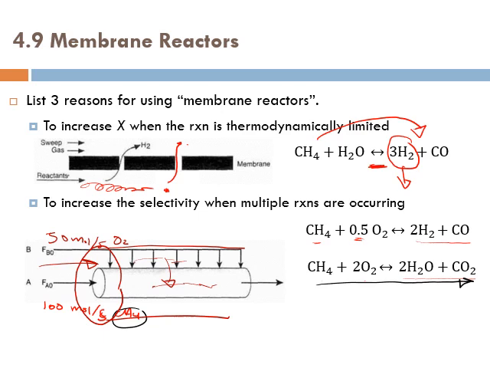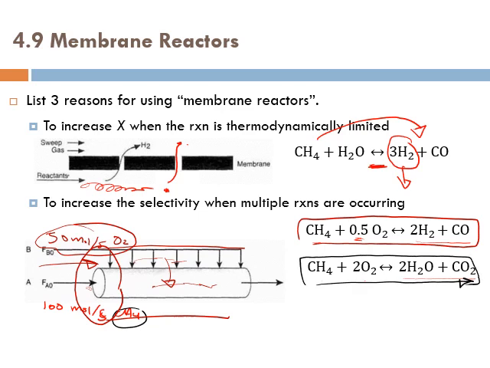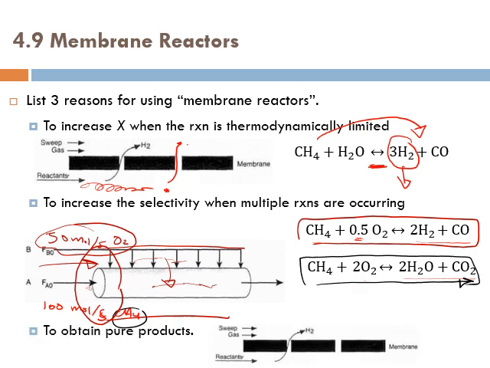And now we have in every single place low concentration of oxygen, because I did not introduce the whole 50 mole per second here. So therefore, I am promoting this reaction and preventing the other reaction from taking place.